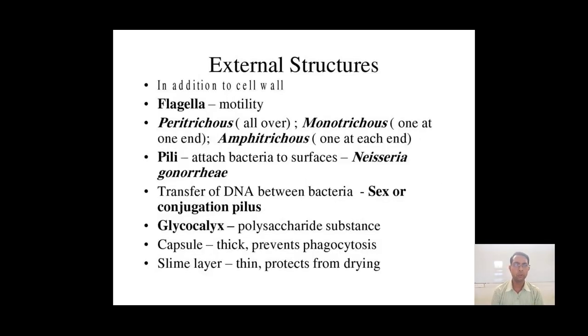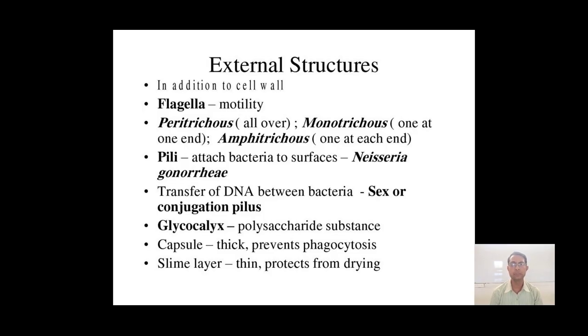Now when we talk about the external structure of the prokaryotic cell, as we know they are not very well developed, they are undeveloped. So there is a very small amount of external structure, like the internal structure. Simply, they show the presence of flagella. In some prokaryotes, flagella are also absent.